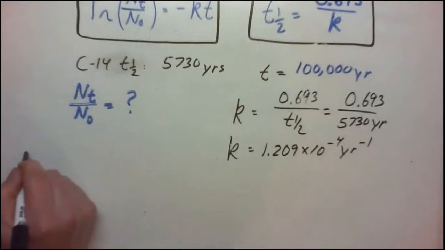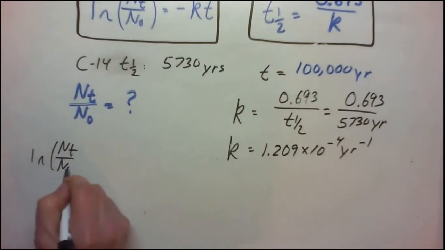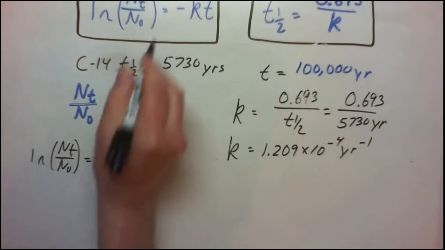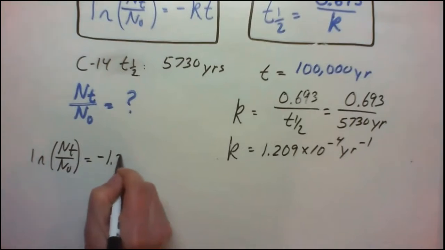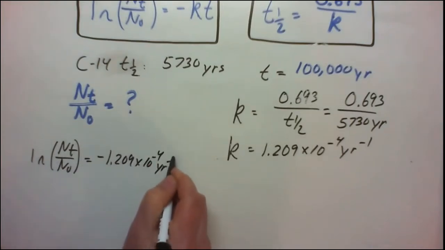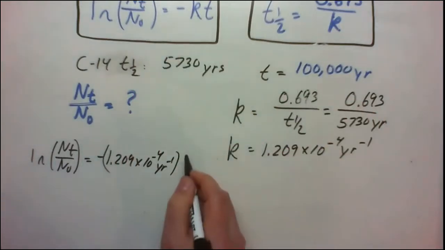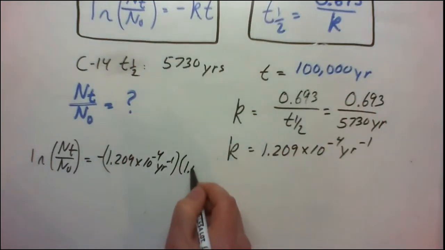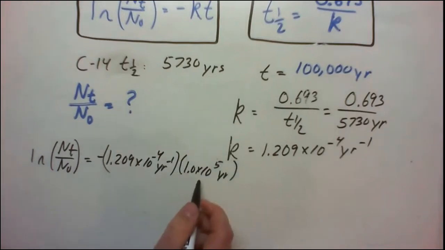So this equation, natural log of nt over n0, we're interested in calculating, is equal to negative k times t, and we're told t is 100,000 years, or 1.0 times 10 to the 5th years. So we can solve for the right side of the equation.